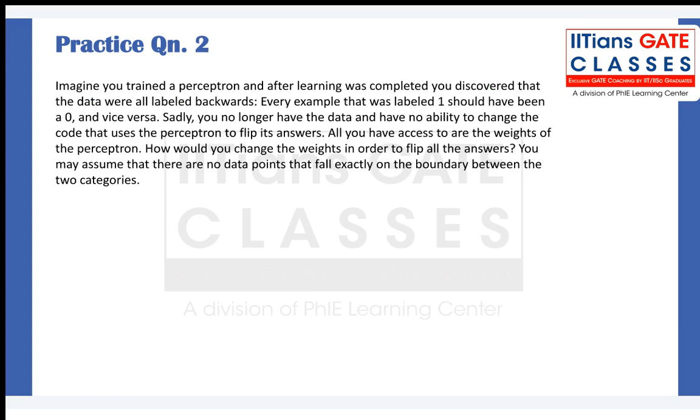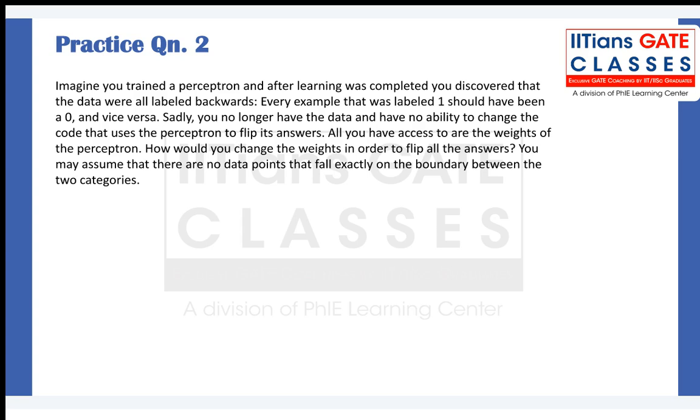Now, imagine that you trained a perceptron model and after learning was completed, you discovered that the data were all labeled backwards, which means every example that was labeled 1 should have been a 0 and vice versa. Whatever was positive was actually negative, whatever was negative was actually positive.